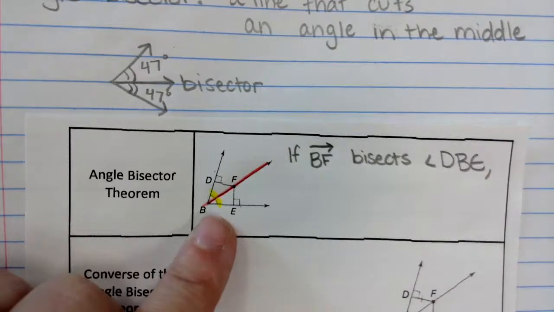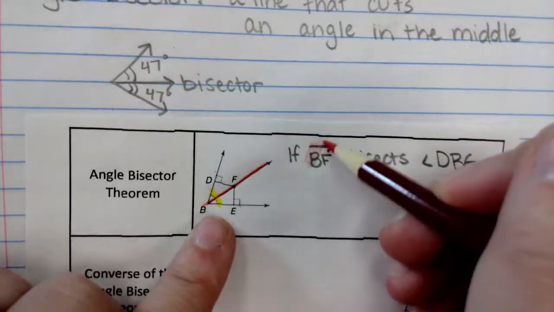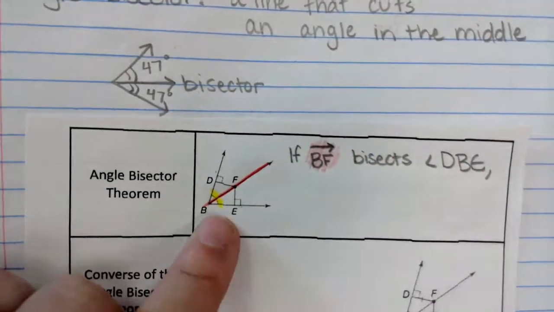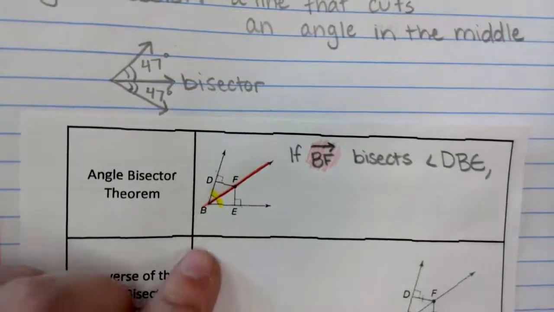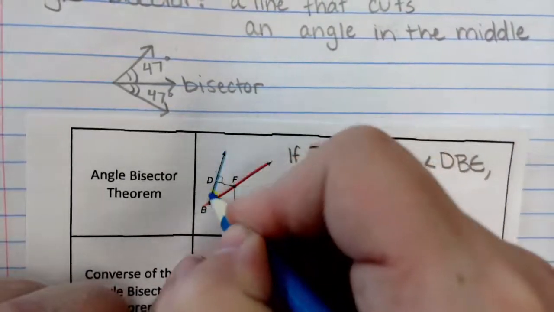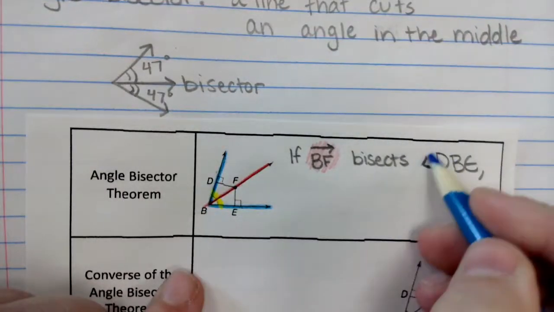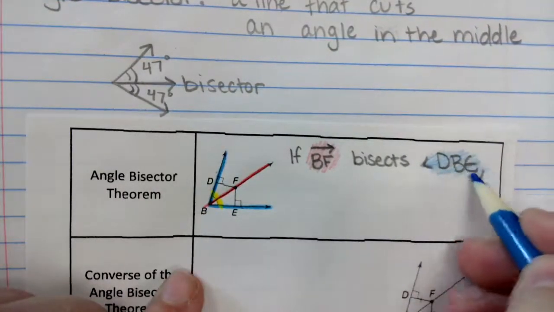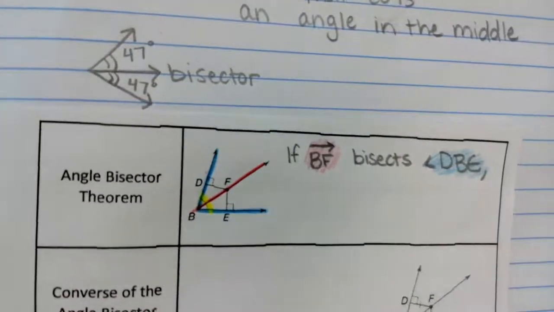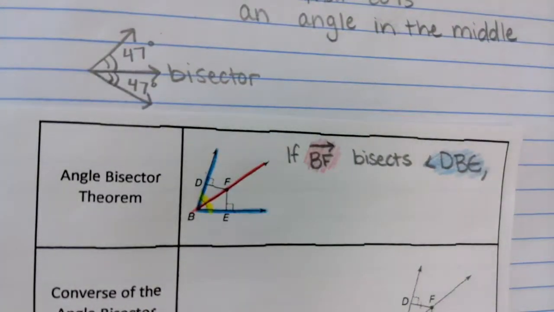Okay, I'm going to color code a little bit, so I'm going to shade in that BF with red. I'm going to make that angle DBE. Okay, so we know that there is a bisector there.